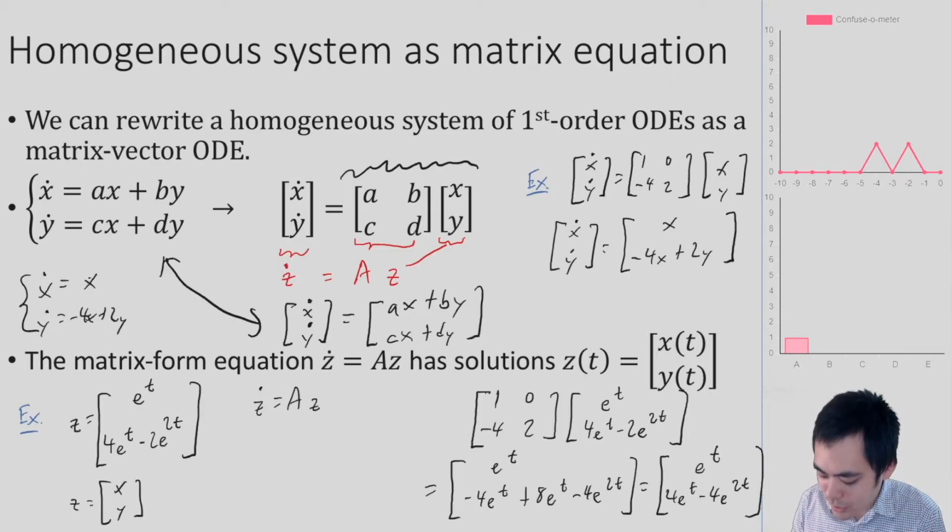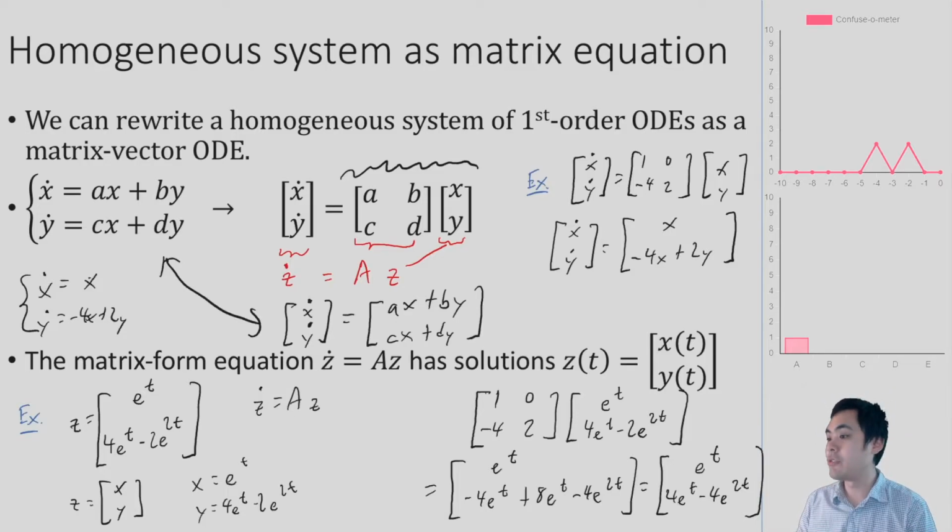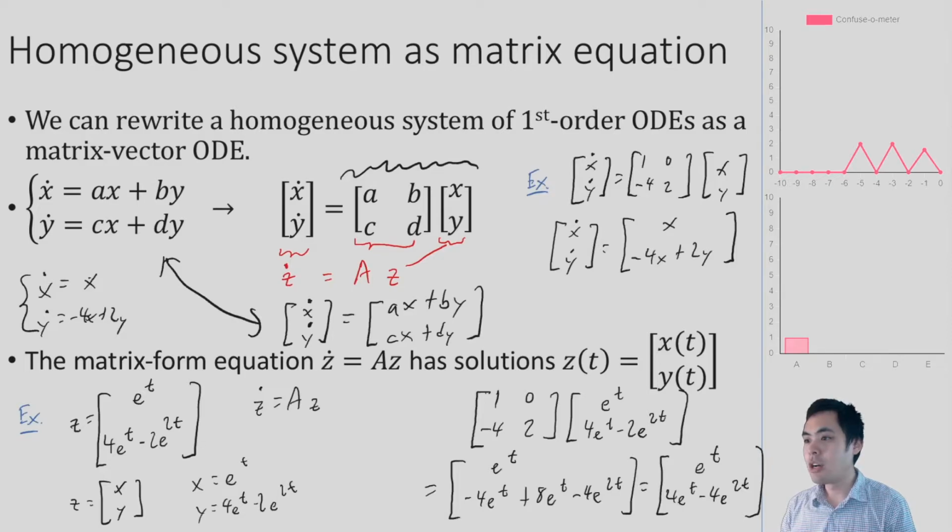If x is equal to e to the t and y is equal to 4 e to the t minus 2 e to the 2t, that is a solution to the original equation. We plugged that in and checked that yes, it is indeed a solution. Now, how do you get that solution? Well, we haven't taught you that yet. That's what we're doing in today's lecture. There is a quick way of getting that solution, which I haven't explained yet.